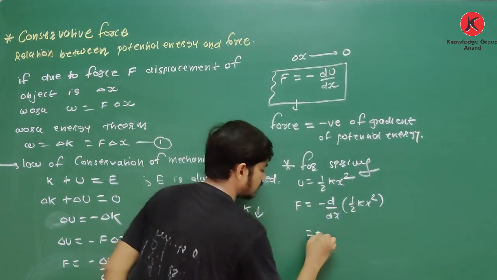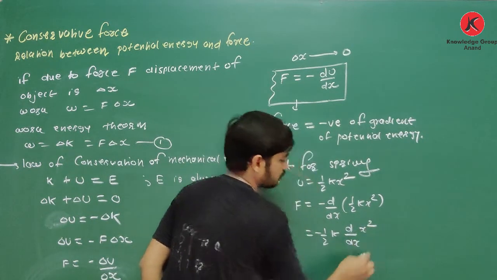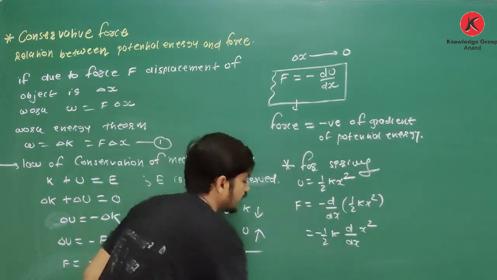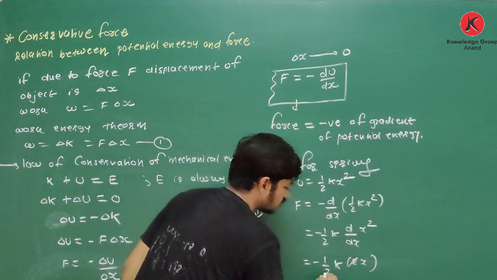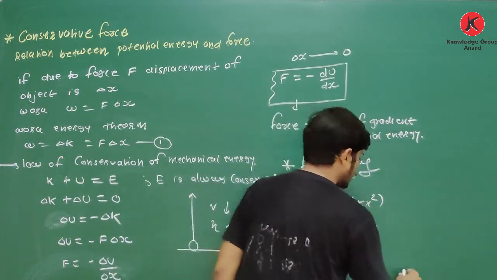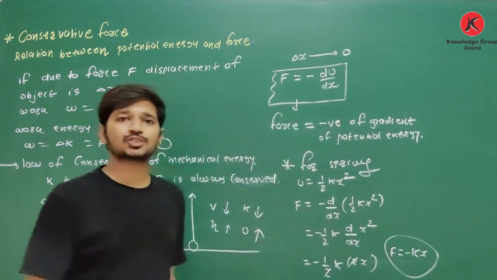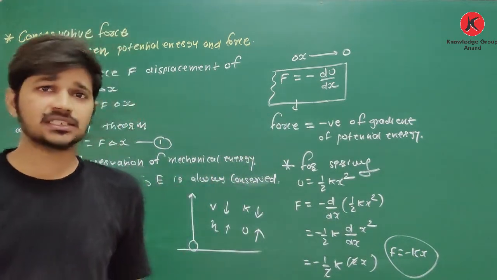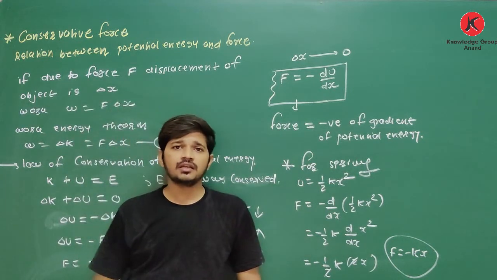Half k is a constant, out of the differentiation. Then it is d upon dx of x square. What is the differentiation of x square? It is 2x. So this 2 cuts with the half, and we get F is equal to minus kx. That is nothing but the restoring force. Clear about this?